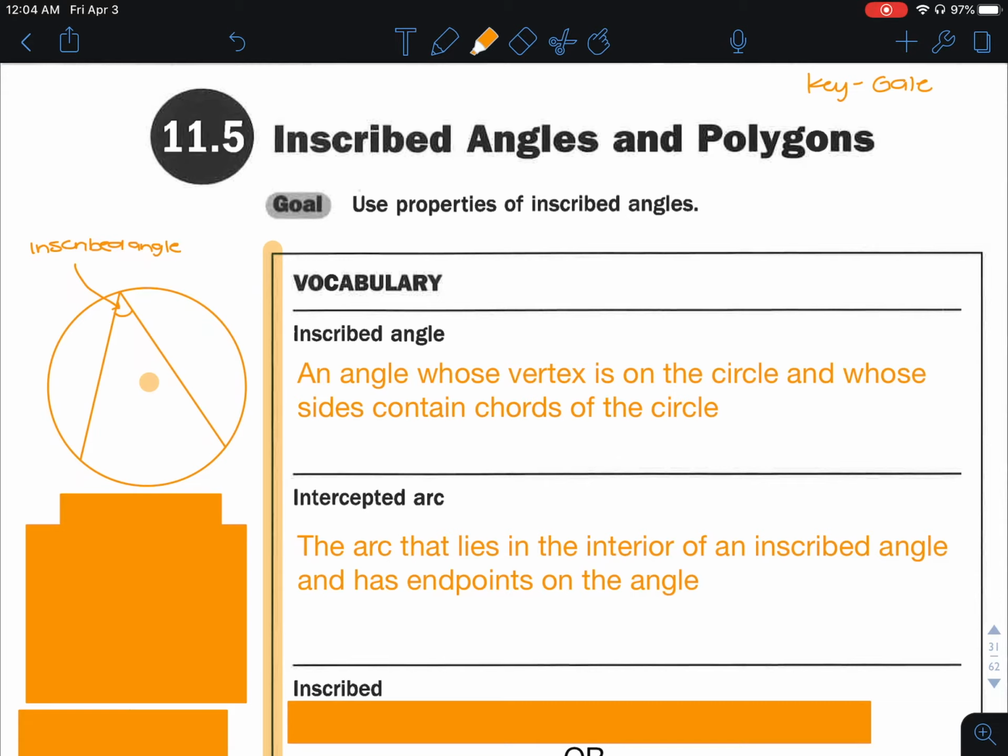It is on the circle. Okay, it's not inside the circle, it's not outside the circle, it is on the circle. So my intercepted arc is the arc that my angle opens up to. So my inscribed angle opens up to my intercepted arc.